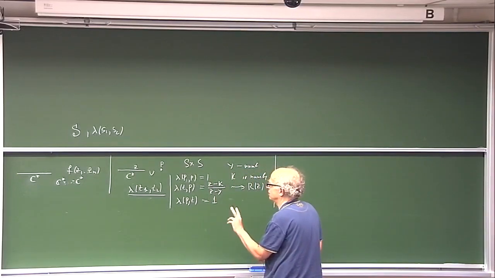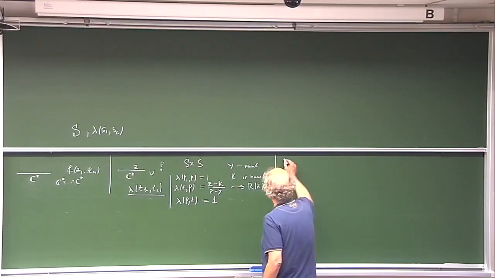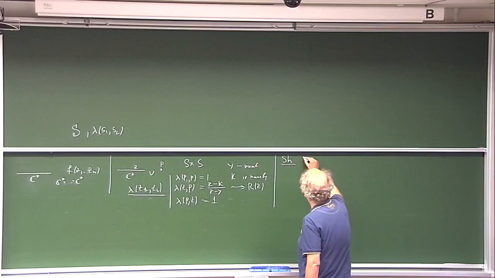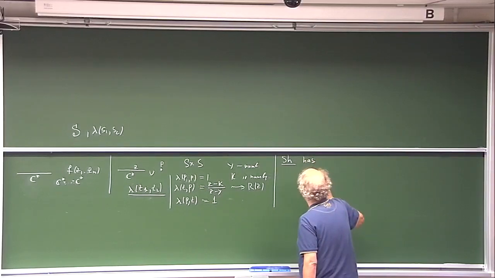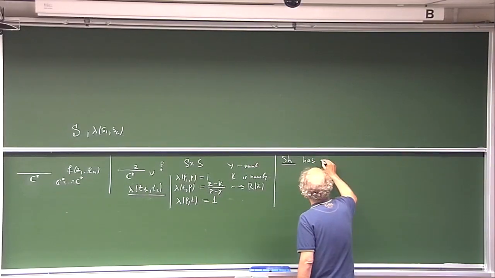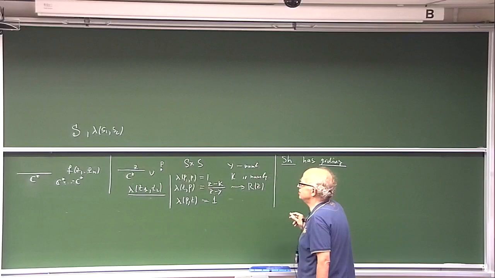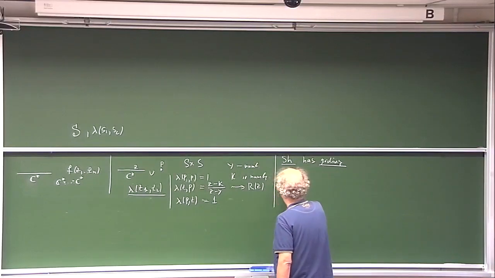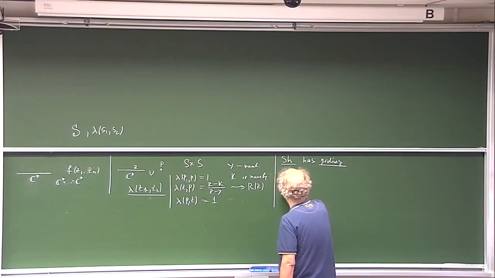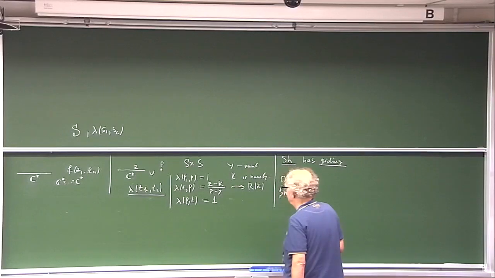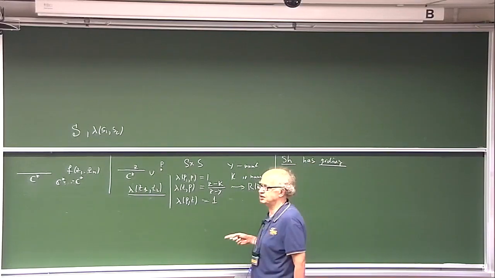this actually has a grading, but this shuffle algebra has a natural grading, such that in grading 0 we have our previous shuffle algebra, which does depend only on z.